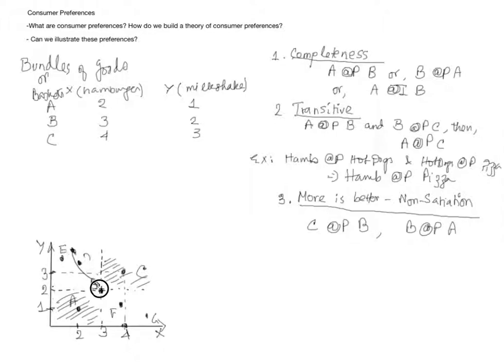This looks more like a curve which passes through B and these points. Let's call that I0, and we call I0 the indifference curve. We will talk more about the indifference curve in the next video.